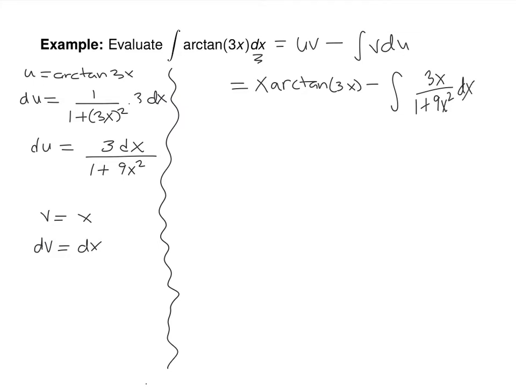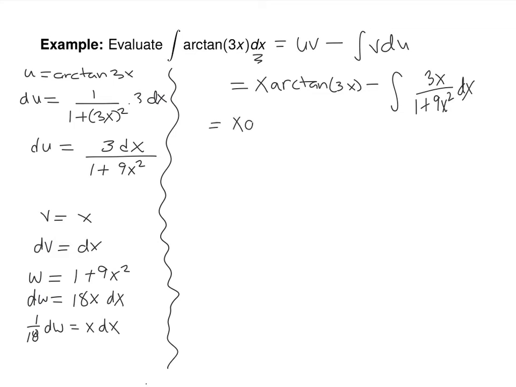Now this is probably how you'll get tested on u substitution, because to finish this integral off, you have to use a substitution. And I've already used the letter u, so let's use a new one. Let's use w. So we're going to substitute for the entire denominator, 1 plus 9x squared. Then dw is 18x dx, or an 18th dw equals x dx.